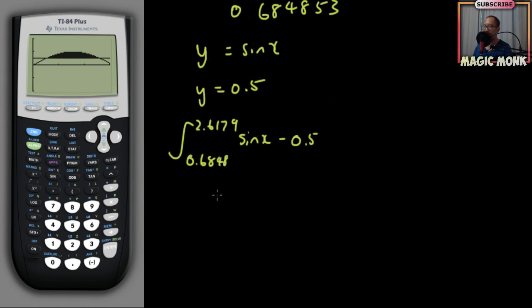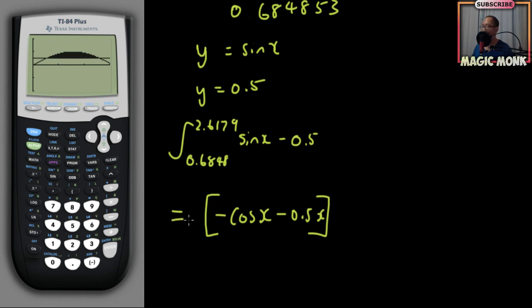Okay, so let's integrate it. Sine integrates into negative cos, so we're going to get negative cosine x minus 0.5x.